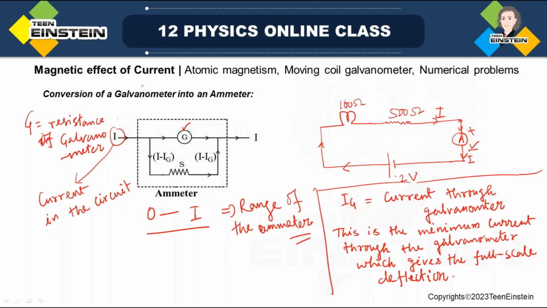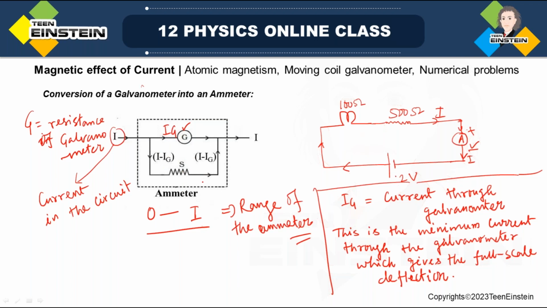So Ig is the galvanometer current. That means if the total current in the circuit is I, out of this I, Ig will pass through the galvanometer. The rest of the current will pass through the shunt.